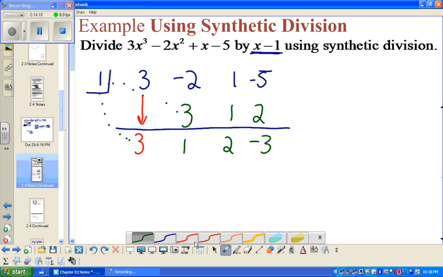this 3 right here is going to be attached to 1 degree less than the degree of the polynomial that x minus 1 was being divided into.